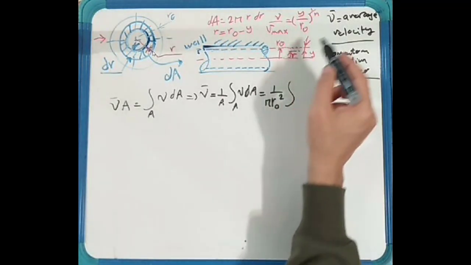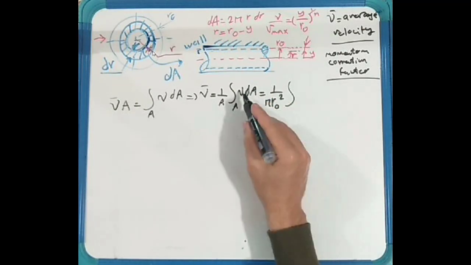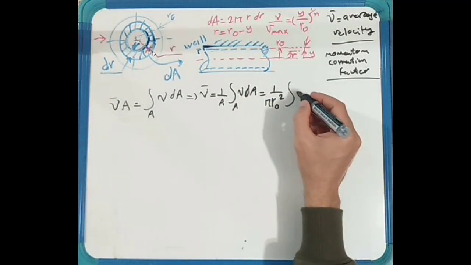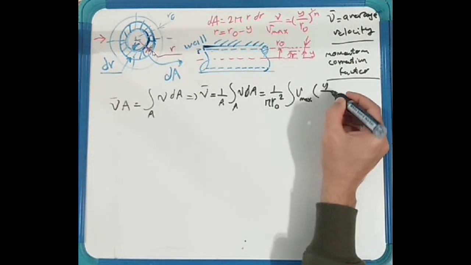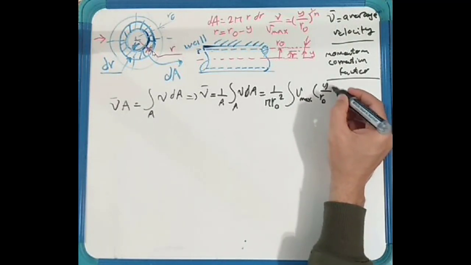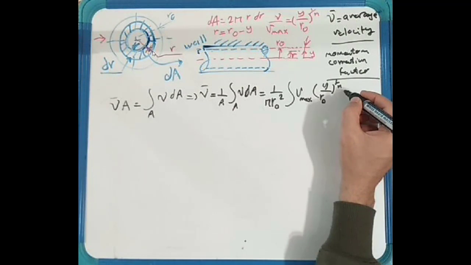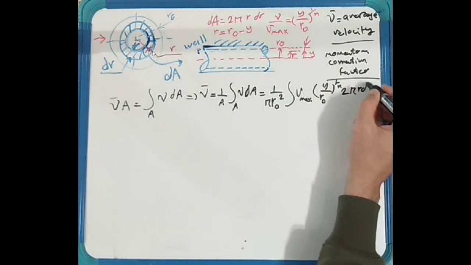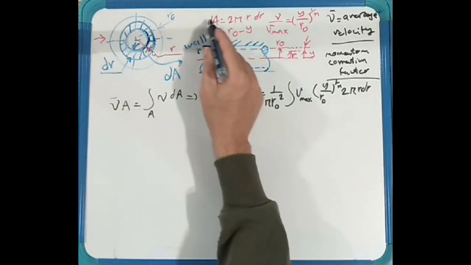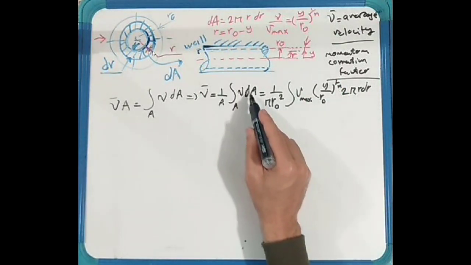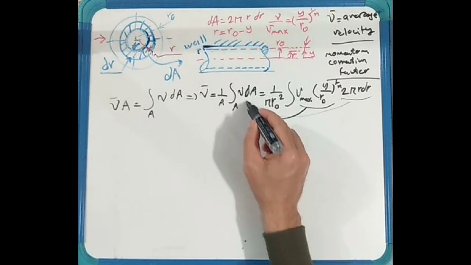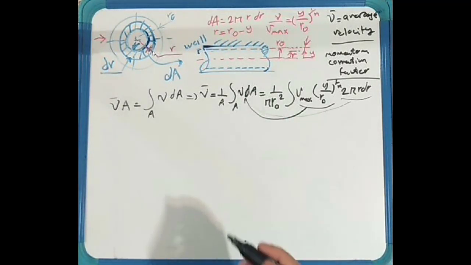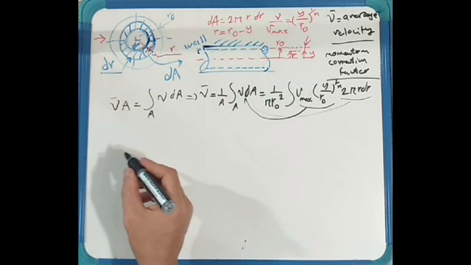I should put this formula in place of v. Okay, it is v max times y over R0 to the power 1 over n, and 2π r dr is in place of dA. Okay, let's continue.